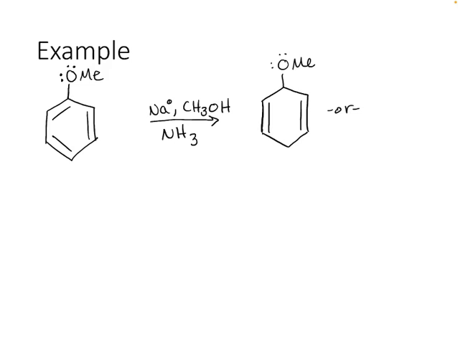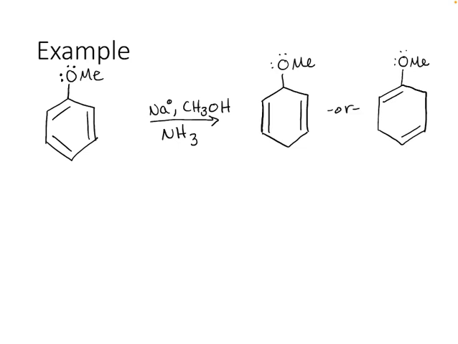So the double bonds could be on the left and the right with OMe in the middle, or we could potentially have the double bonds kind of at the top and bottom, and OMe is bonded to one of those double bonds.